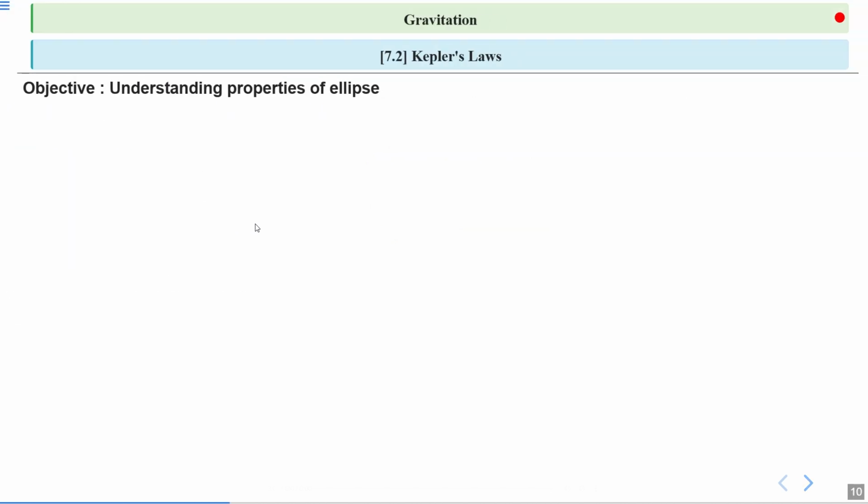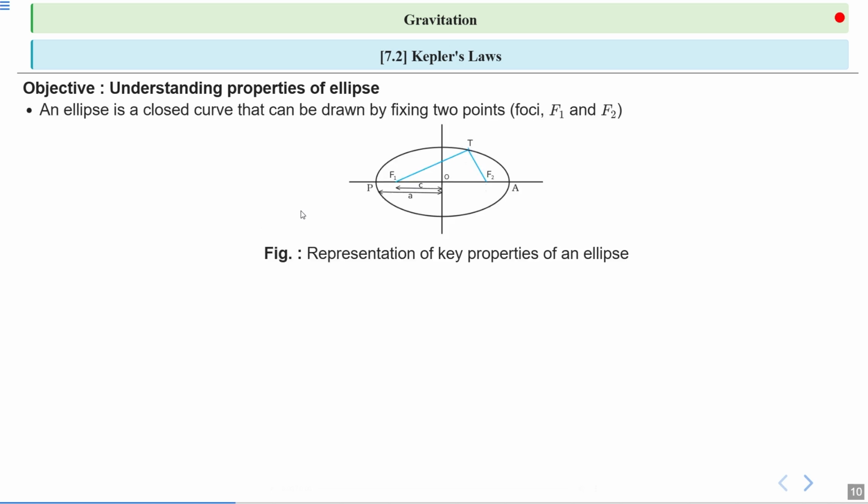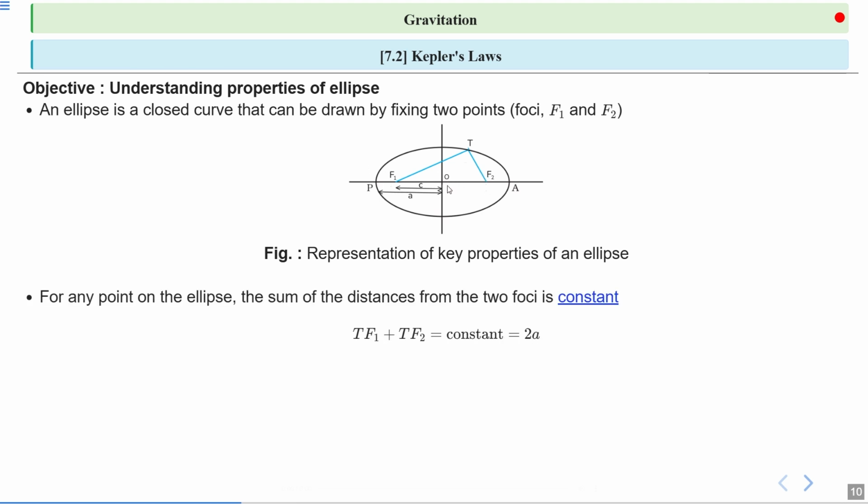Understanding properties of an ellipse. An ellipse is a closed curve that can be drawn by fixing two points known as the foci, labeled as F1 and F2. For any point on the ellipse, the sum of the distances from the two foci is constant.